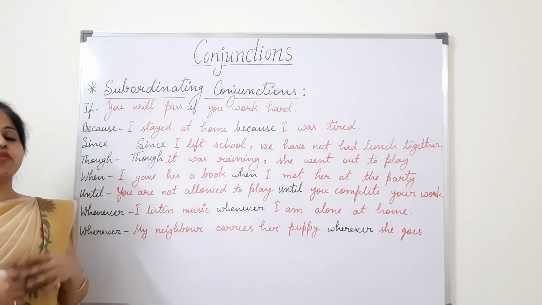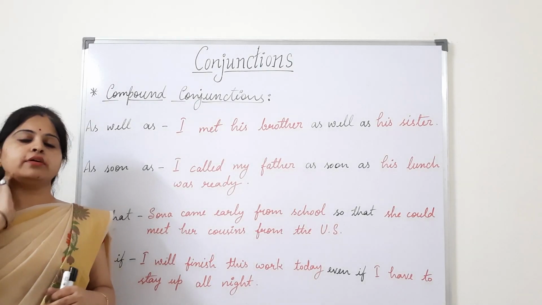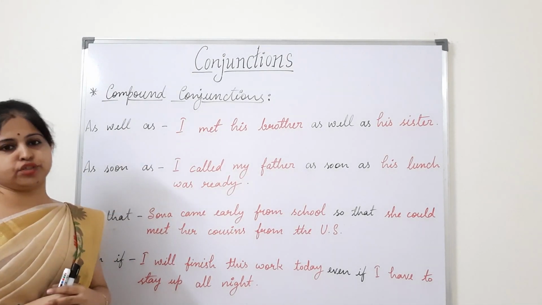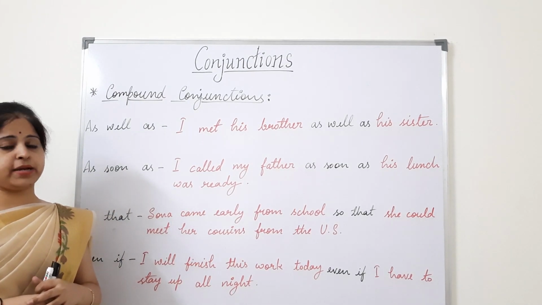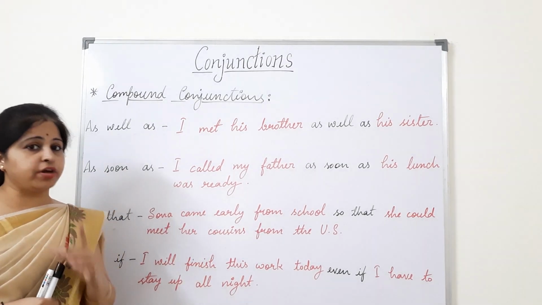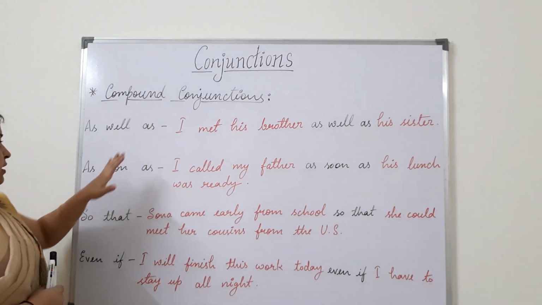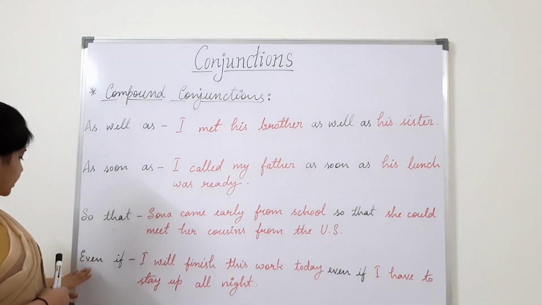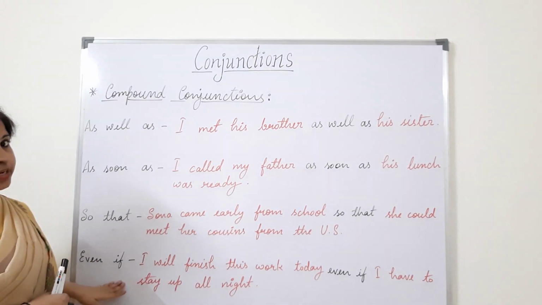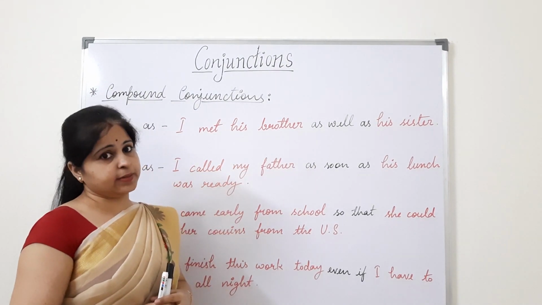Okay, let's move to the next, compound conjunctions. Okay children, so next are compound conjunctions. Compound conjunctions are formed by taking more than one word together. You see, as well as, as soon as, so that, even if. Let's see the examples. "I met his brother as well as his sister."